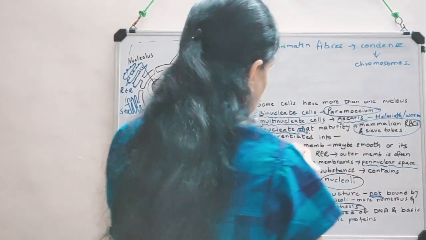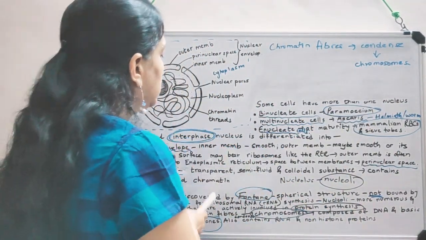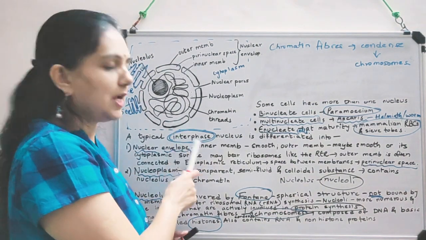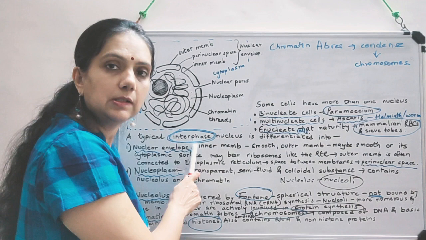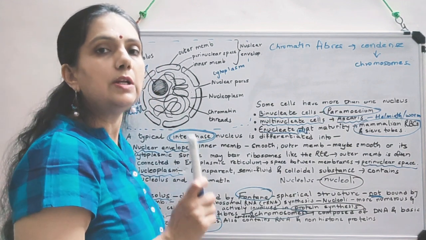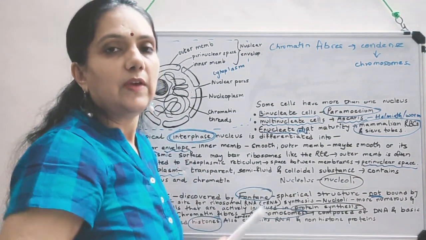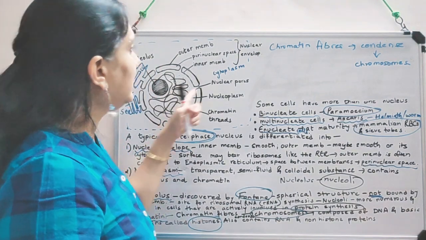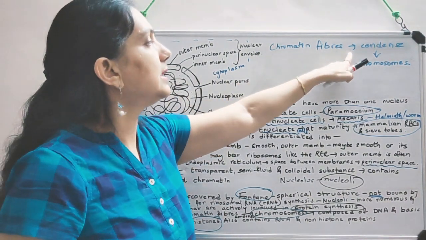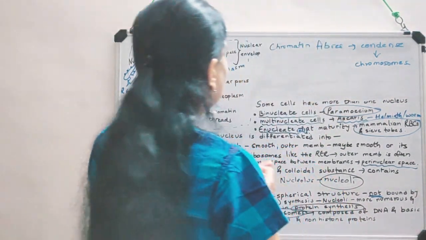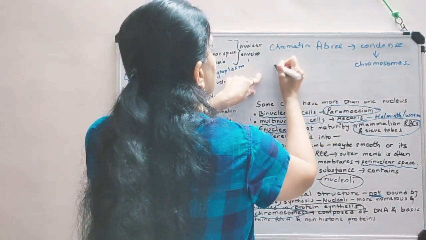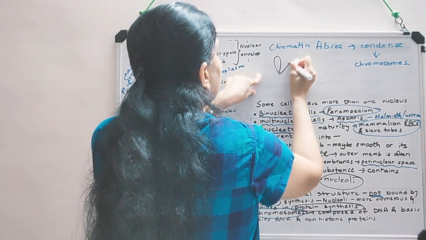Okay. So what we studied over here, you have to remember, is a typical nucleus which is in interphase state, that is a non-dividing state. When the cell divides, the chromatin fiber is going to condense and convert into chromosome. Now you must be aware of this structure. You must have seen it somewhere like this.